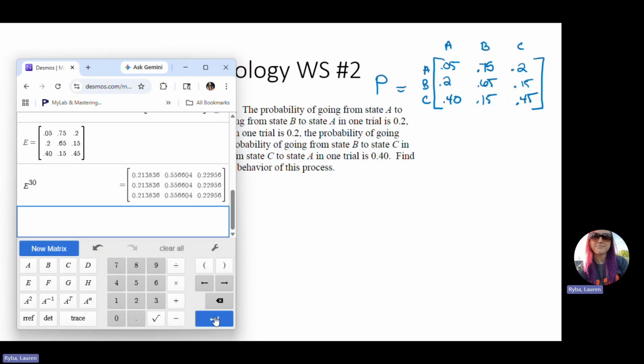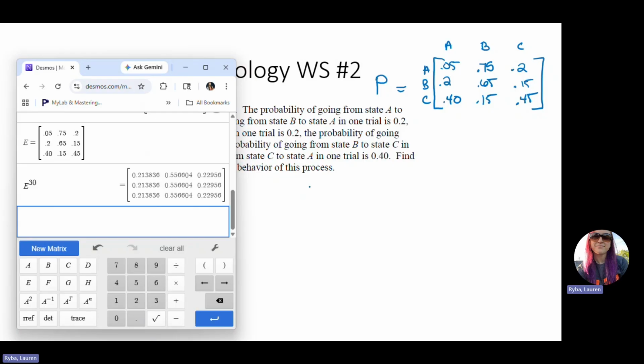Here's how I know that I've gone high enough. Every value in the first column is identical. Every value in the second column is identical. And every value in the third column is identical.